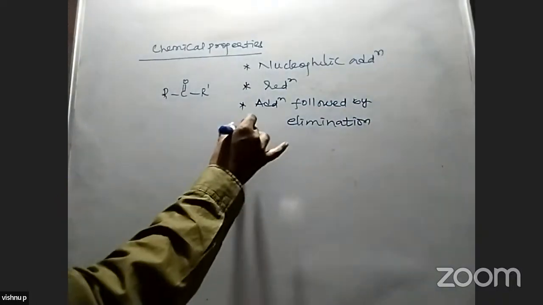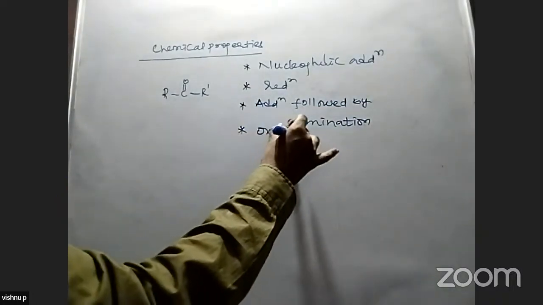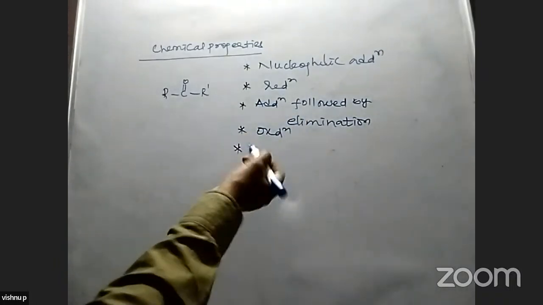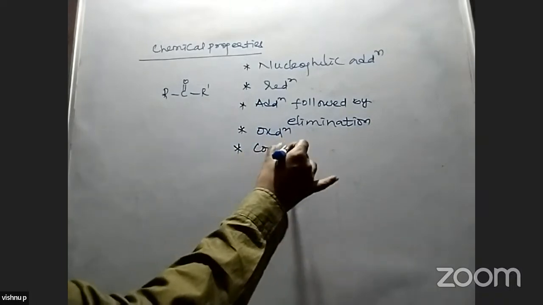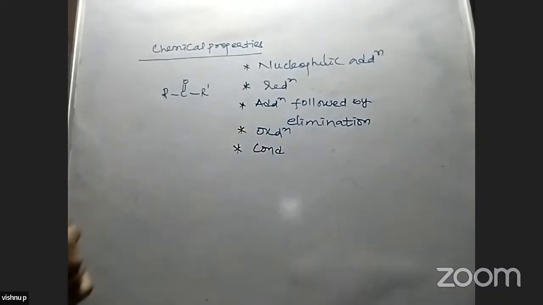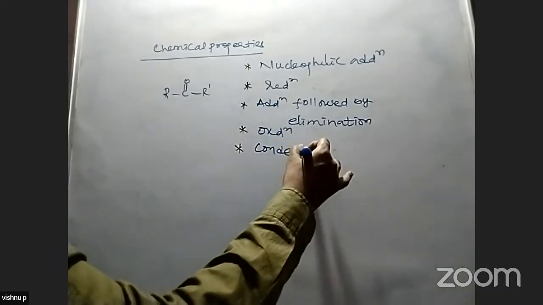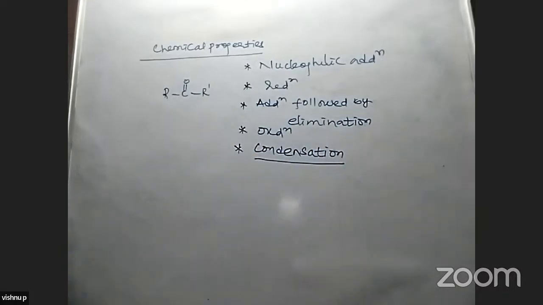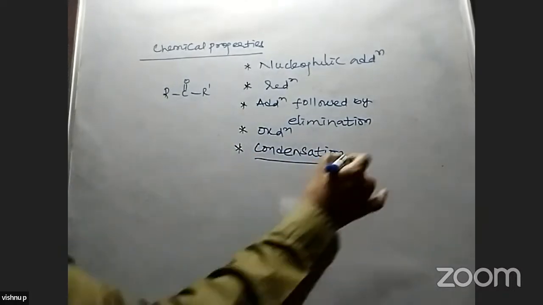And the next type of reactions are oxidation reactions also. And next, separation of water molecules in the middle of the reaction or separation of some groups in the middle of the reaction, that type of reactions are called condensation. So it is involved in condensation reactions also.